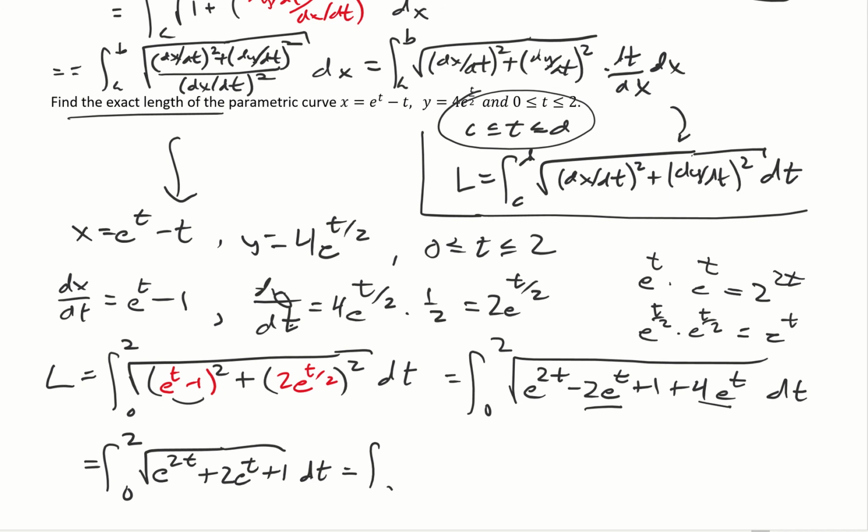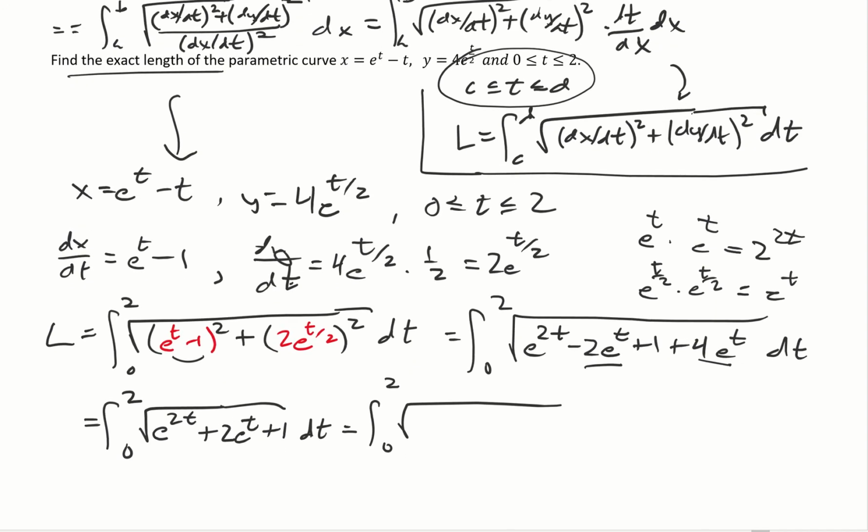But I do, because what I see in that radical is a quadratic form. In fact, from Algebra 2 days, if you let u equal e to the t, then you're looking at something that looks like u squared plus 2u plus 1.